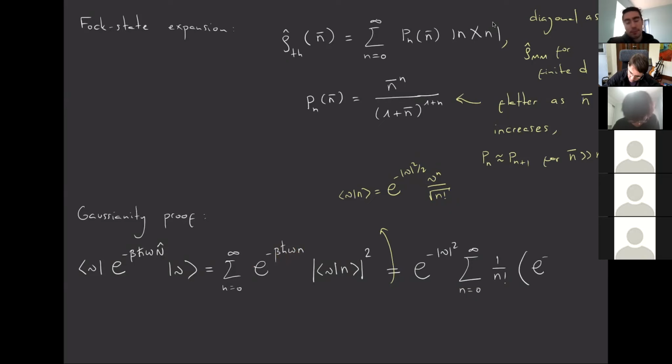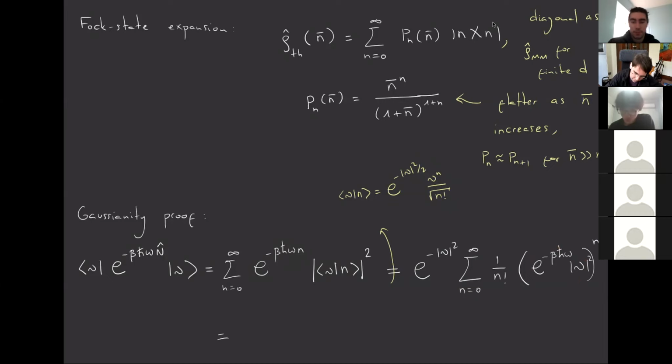So this is just the exponential of minus beta h bar omega, times mu squared, to the n. So we have essentially finished, because you see that this series here is just the series for the exponential of this.